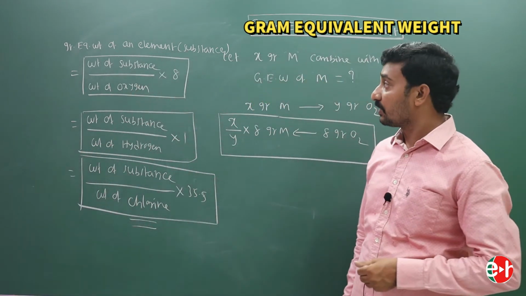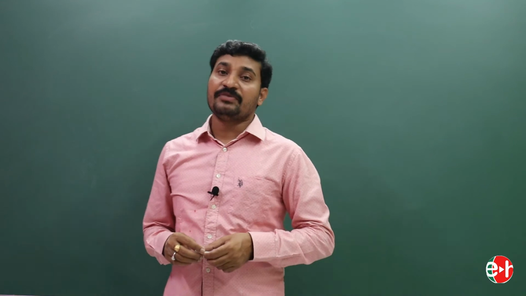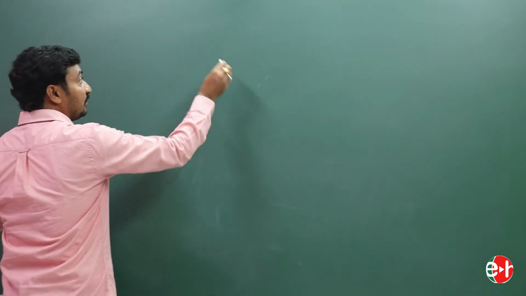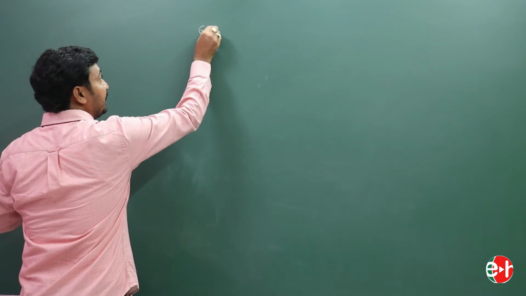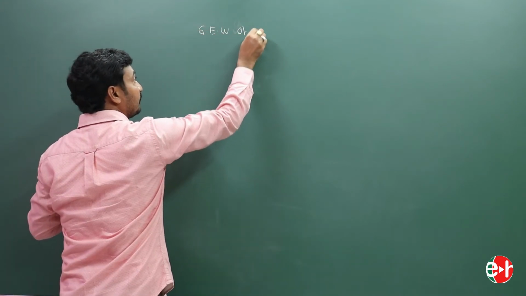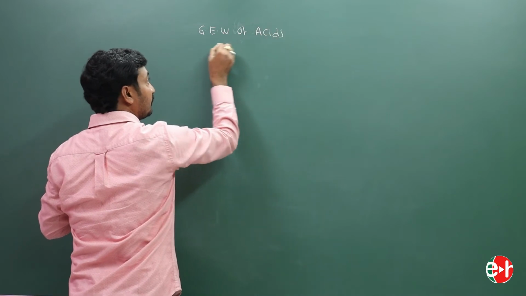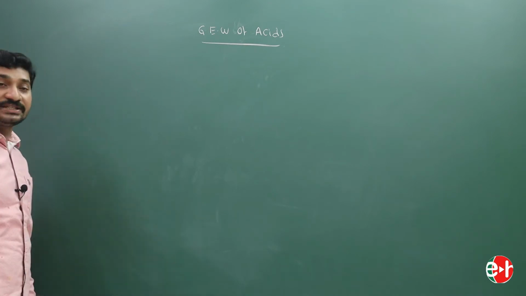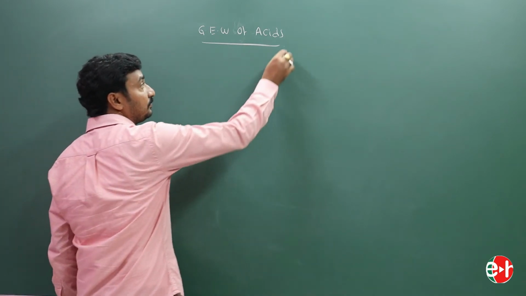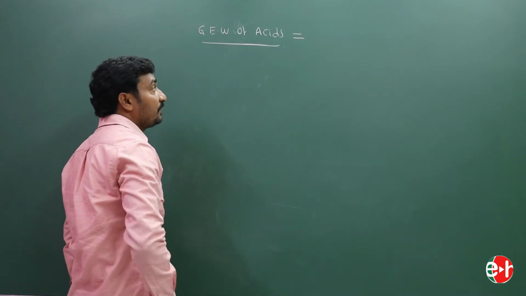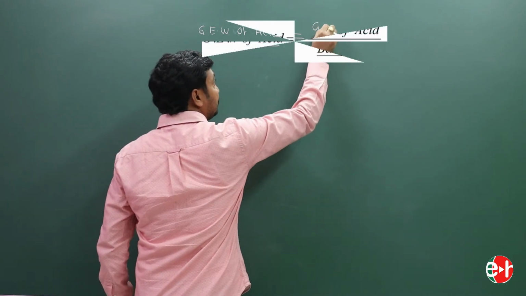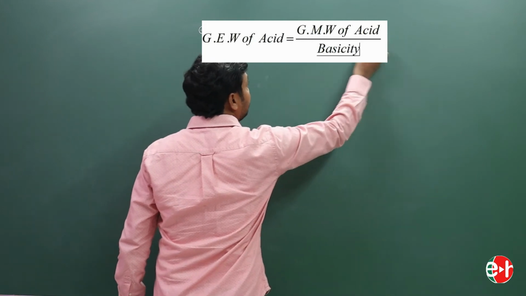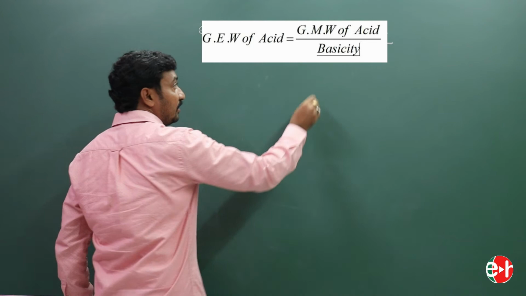General formula. Okay. Let us discuss gram equivalent weight of different substances. First one, gram equivalent weight of acids is equal to gram molecular weight of acid by basicity.